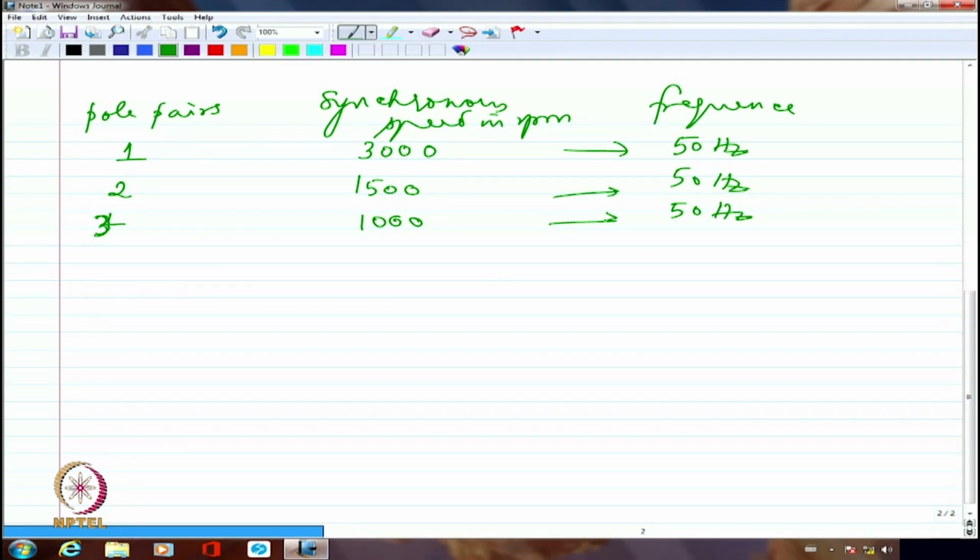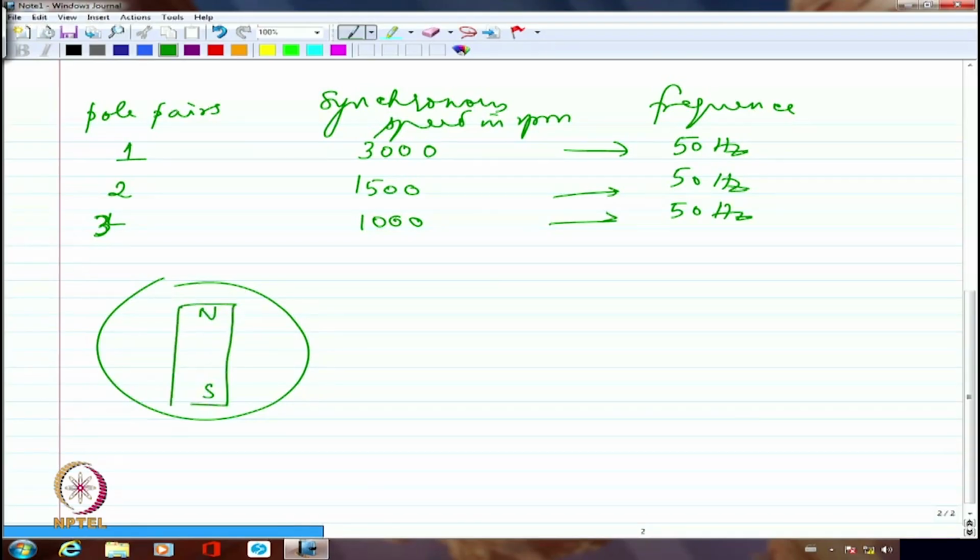Pole pair is, let us say, a north pole and south pole, which is an imaginary pole. It is not really the actual pole. So it is as though I am rotating this. So this is 1 pole pair. Previously I had A here and A dash here, so I was creating only 1 north and 1 south.